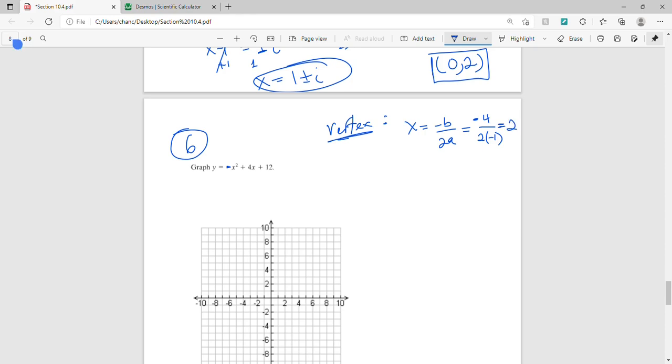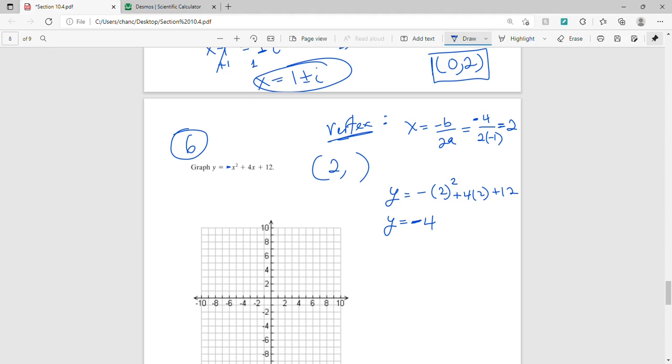So that means the vertex is the point 2, something. We'll substitute into the original equation with x being equal to 2. Now be careful when you do the substitution. You want to make sure you use parentheses. Because in the first case, negative 2 squared is actually negative 4 because the parentheses only includes 2.